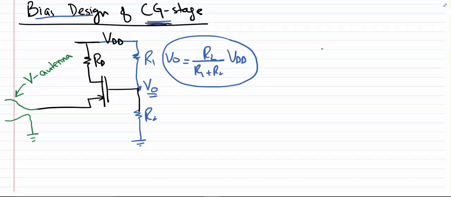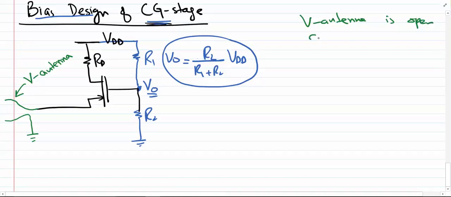Now a V antenna is an antenna which is open circuit at DC. That is, you can see from here as well that if there is a DC signal, then this antenna will behave as an open circuit.